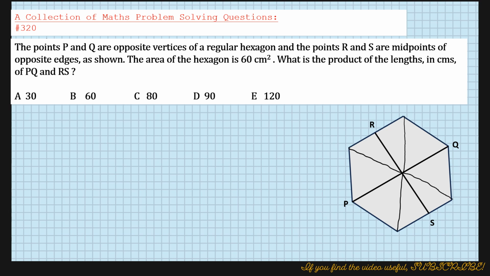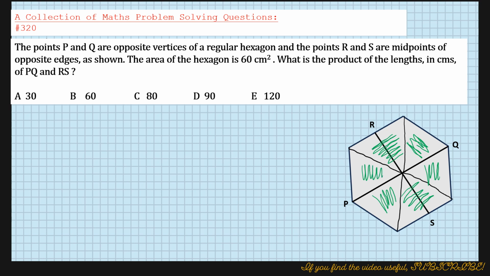So that means now we have 6 equilateral triangles. So this is 1, 2 and 3, and then we have 4 and 5 and 6.